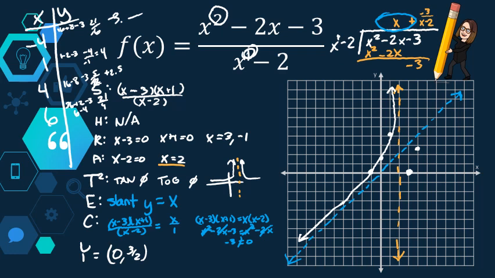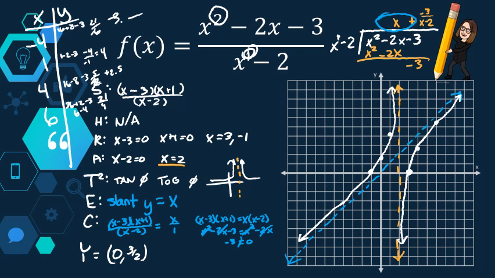So if I plug that in, I'm at 5 and a little bit. That makes sense. So that's going to curve along and follow that diagonal asymptote, slant asymptote, and this is going to follow the vertical asymptote.